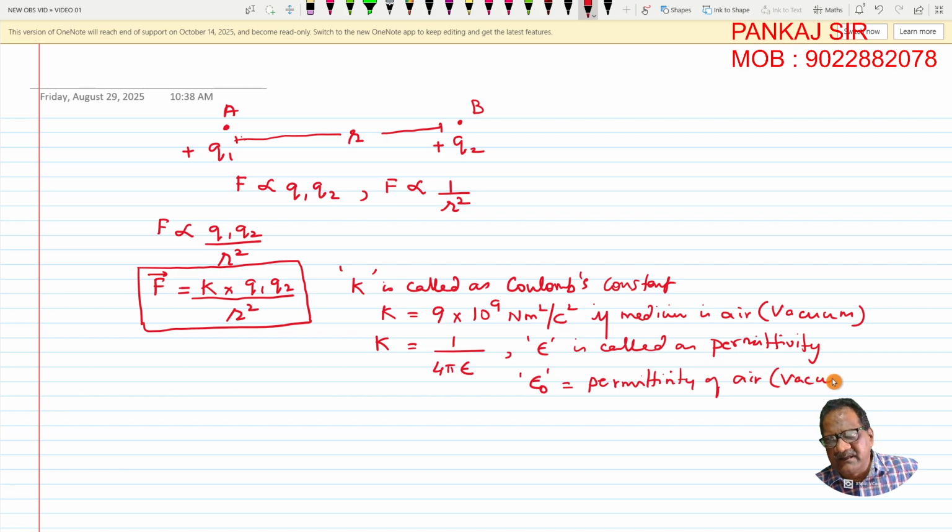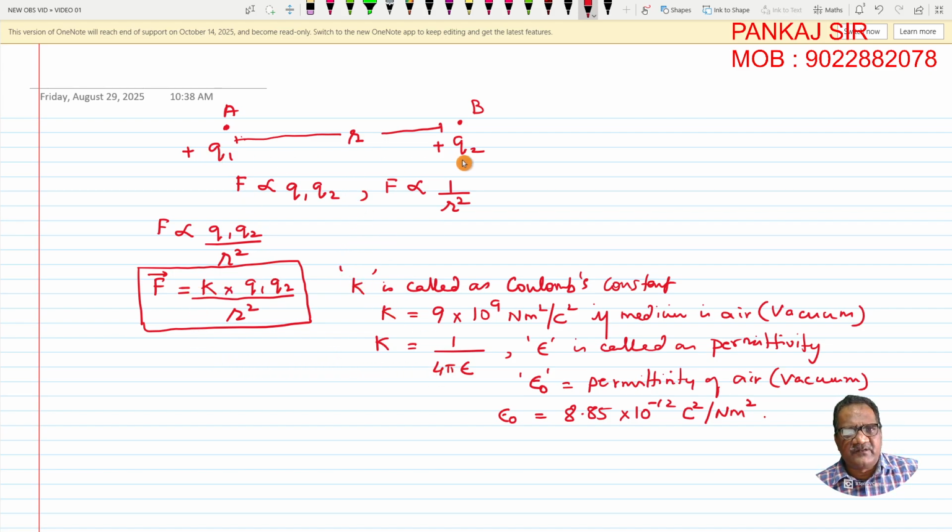If the medium is air or vacuum, then we denote it by epsilon 0, and epsilon 0 value is equal to 8.85 times 10 raised to minus 12. The unit will be Coulomb square per Newton meter square. So this is the derivation, you can say, and the definition I'll come to that.